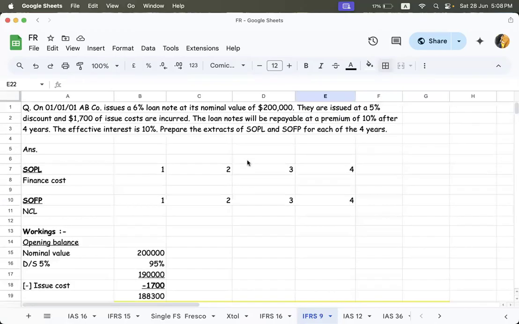You're going to pay the 6 percent loan note. The interest payment or the cash payment is always over the loan note's name. So what is the loan note's name here? 6 percent loan notes.